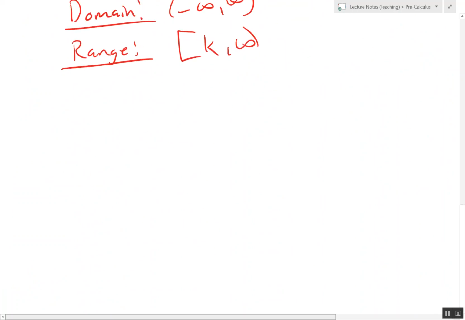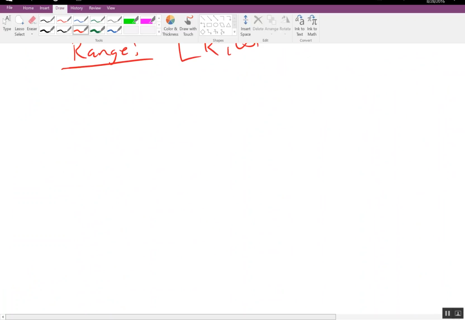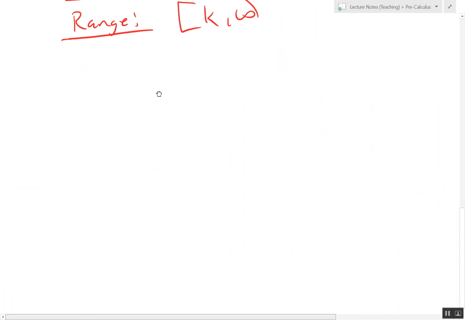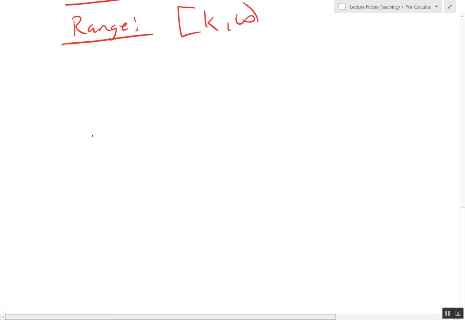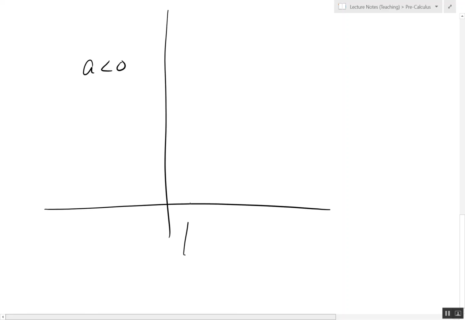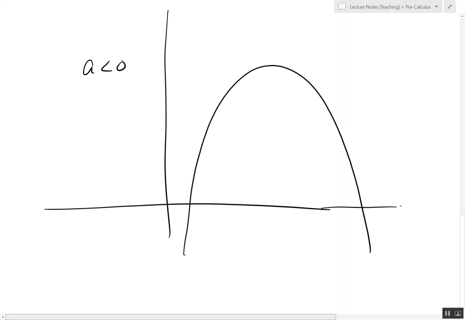So let's look at a less than 0, where almost everything is going to be identical. So if a is less than 0, again we're going to have a parabola. Again, its vertex is going to be the highest point this time.